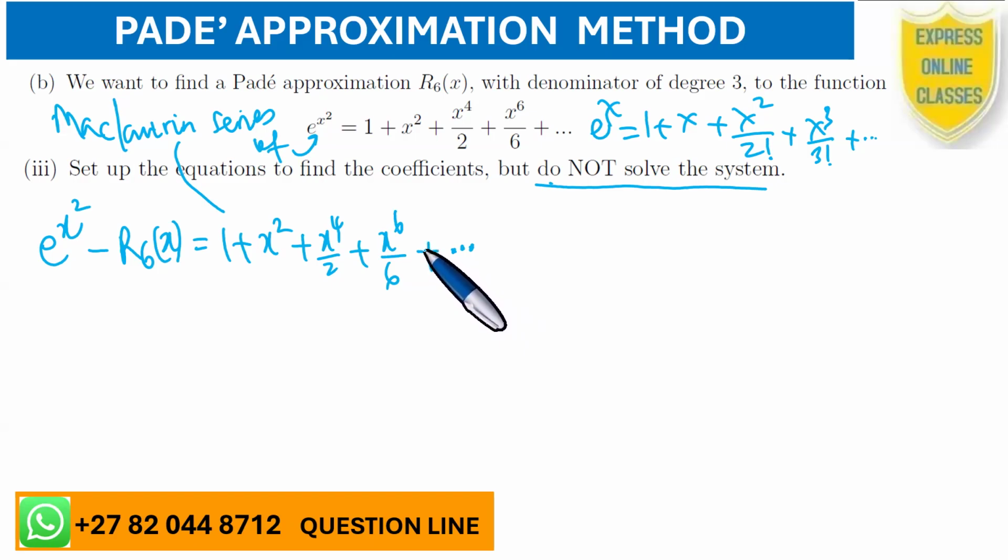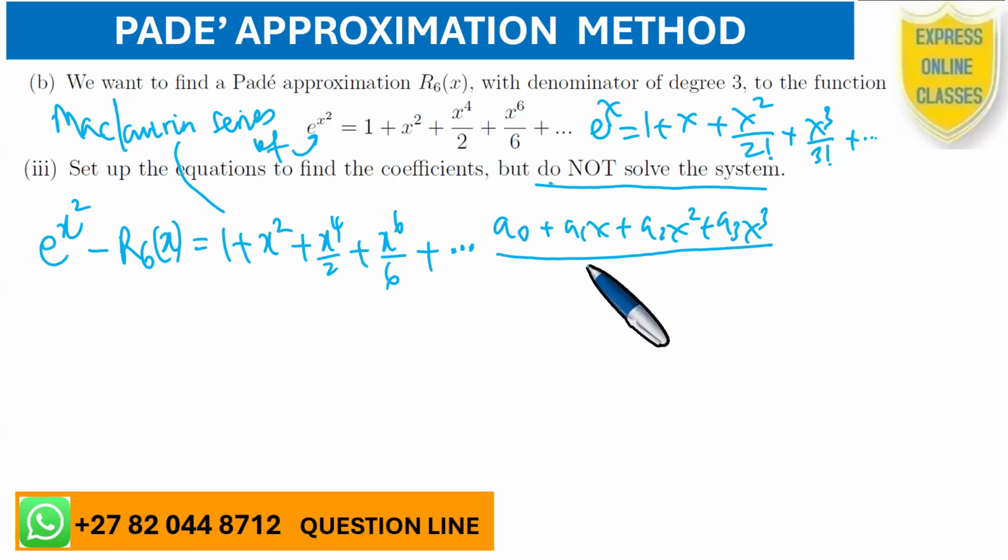Because we are dealing with the rational function, R6 is going to be a0 plus a1x plus a2x squared plus a3x cubed, and we divide everything by 1 plus b1x plus b2x squared plus b3x cubed, and so on and so forth.